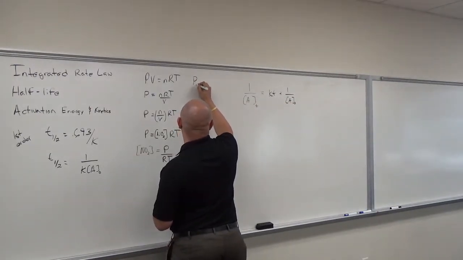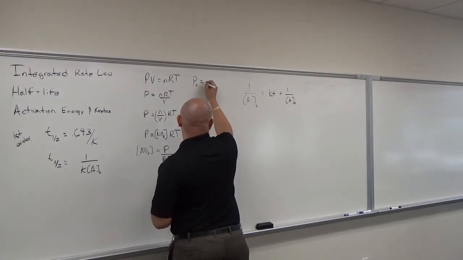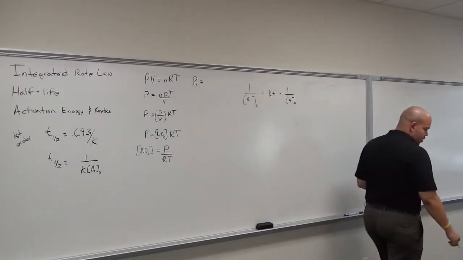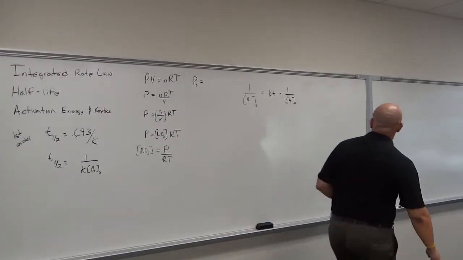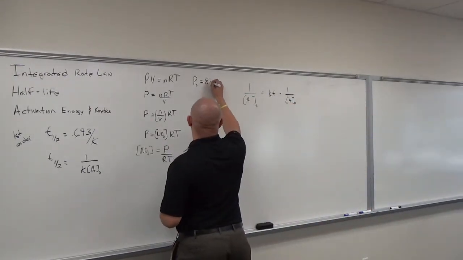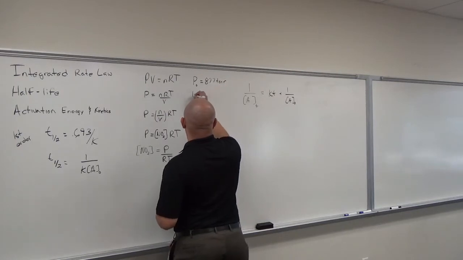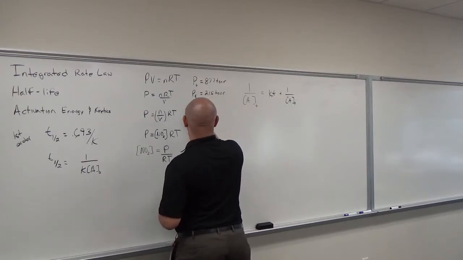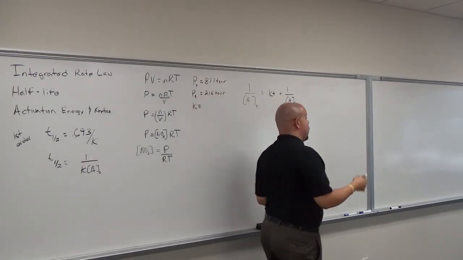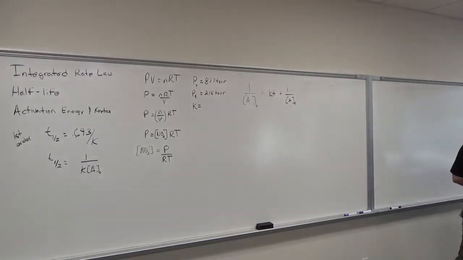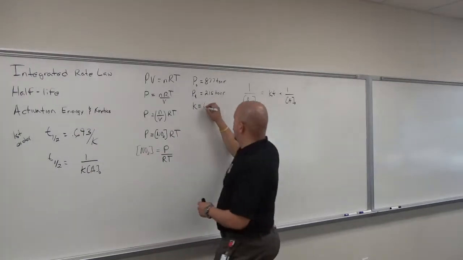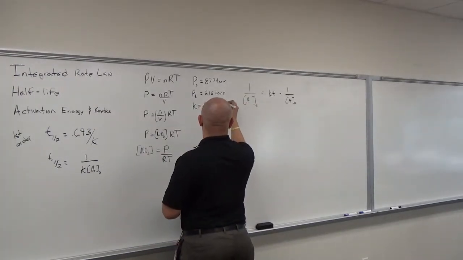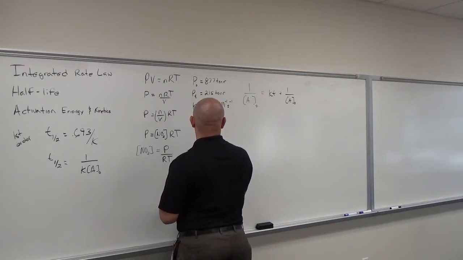The starting pressure, P naught, is 877 torr, and P at time T is 215 torr. We've been given a K. We know it's second order because of the K, and the K value here is 0.543. And we want to know T.